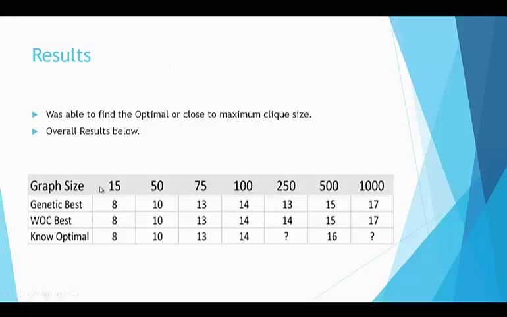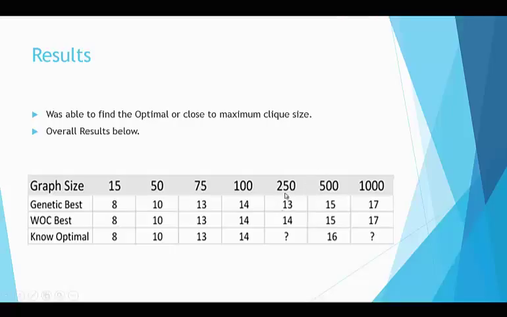For graph sizes 15, 50, 75, and 100, the biggest clique size found by the genetic algorithm and the wisdom of the crowd algorithm was the maximum clique size for the graph. For the data sets 250, 500, and 1000, I wasn't quite sure what the biggest clique size was for those graphs, but I would expect from the smaller graph sizes that it would not be too far off.